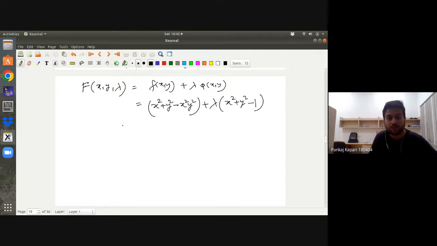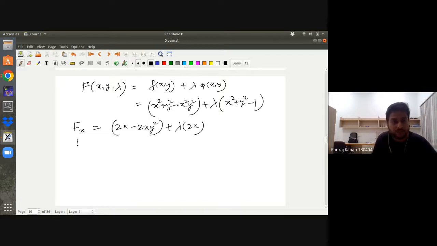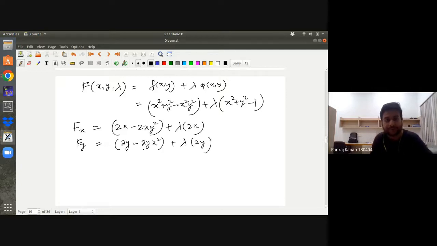So this is our auxiliary function. Let's find the first partial derivatives with respect to x, y, and lambda. What is F_x? The partial derivative with respect to x is 2x minus 2xy square plus lambda times 2x. What is capital F_y? Again 2y minus 2yx square plus lambda times 2y.